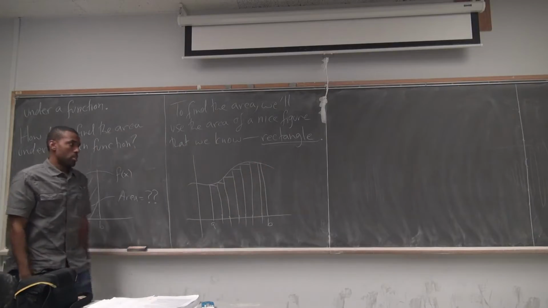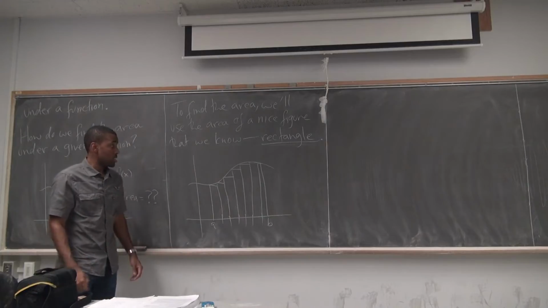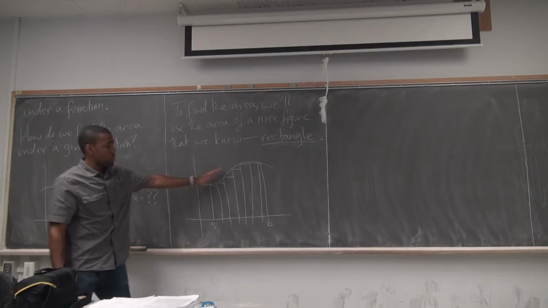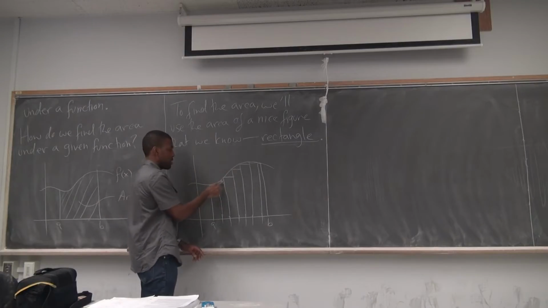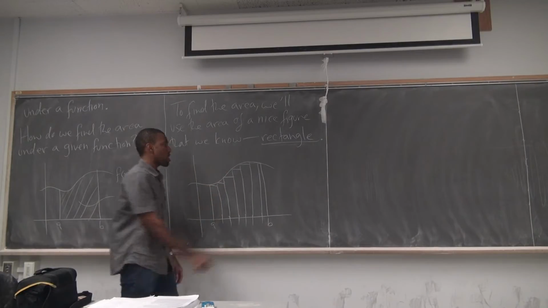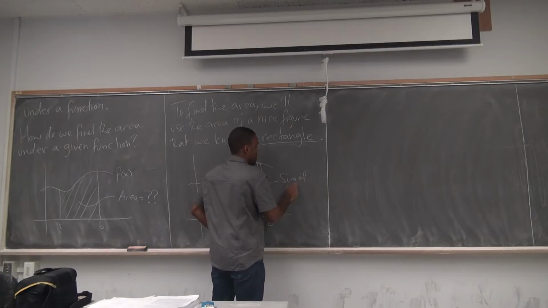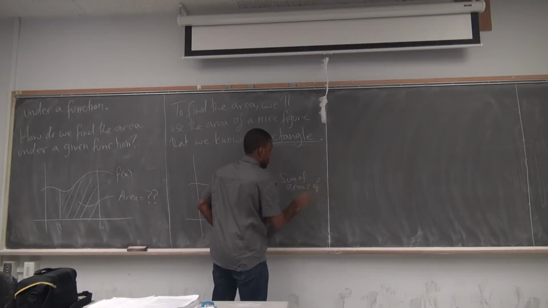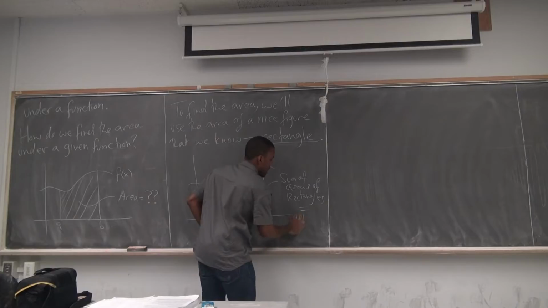And so now what I'm going to do, add up all these areas of the rectangle, and it should give me roughly the area under this curve. Now remember, the curve is wavy, right? The rectangles are straight, so we are going to be missing some stuff, right? So this is an approximation, right? The sum of the areas of the rectangles is an approximation of the actual area.